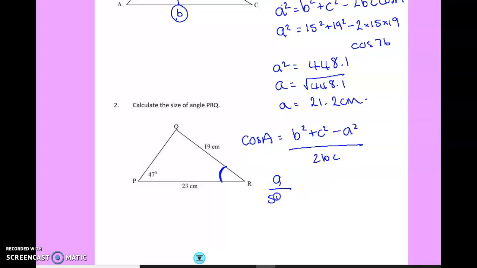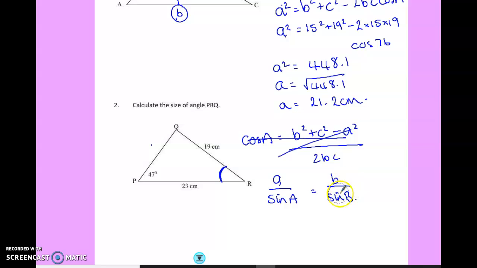And I've got a over sine A equals b over sine B. That's my two choices. Looking at the cosine rule, since I wrote it down first, if I want to find this angle here, I need to know these two sides, which I've got, but I also need to know that side, which I don't have. So I can't use the cosine rule. It's definitely not the cosine rule.